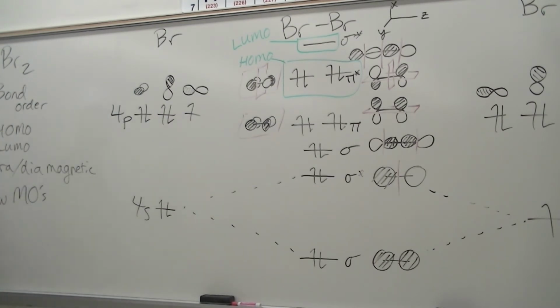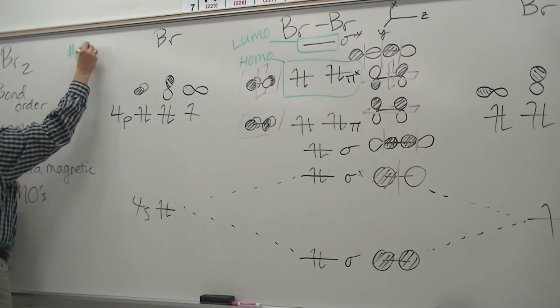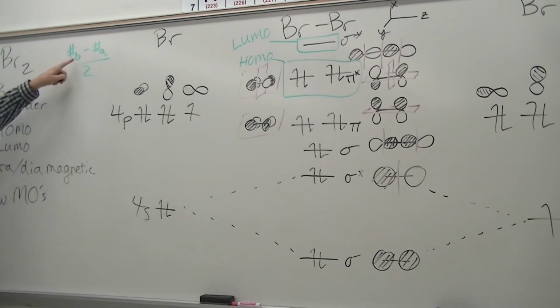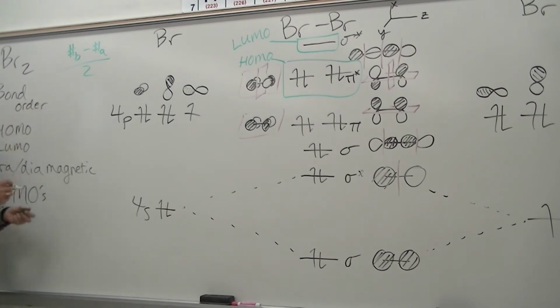Let's calculate the bond order. So number of bonding electrons minus the number of antibonding electrons divided by 2. So we add up the bonding.